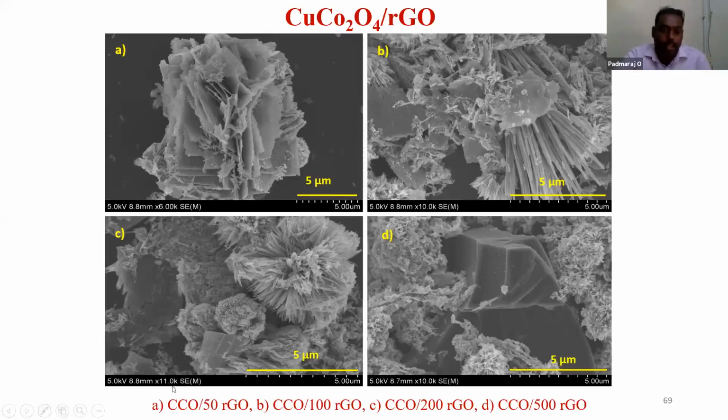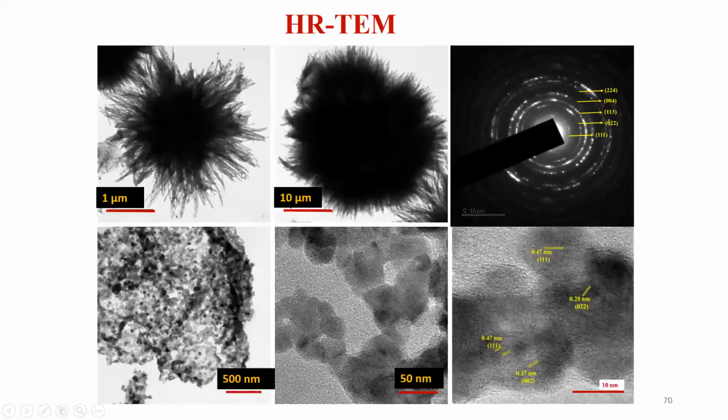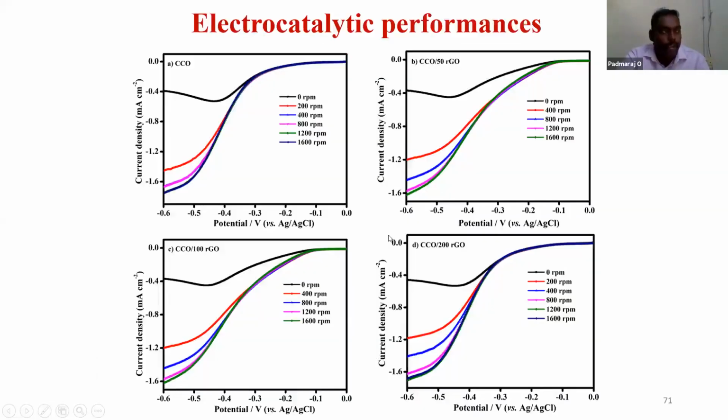For that purpose only, I have different contents of RGO decorated metal particles. This is the TEM image of the pure transition metal oxides, this is the graphene sheets decorated with metal particles, and this is the SAED pattern. After preparing this bifunctional catalyst, I want to check the electrocatalytic performance.